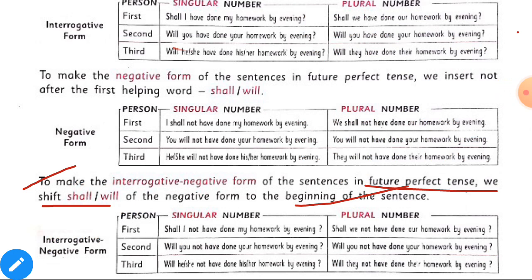For example, shall I not have done my homework by evening? Will you not have done your homework by evening? Will he or she not have done his or her homework by evening?